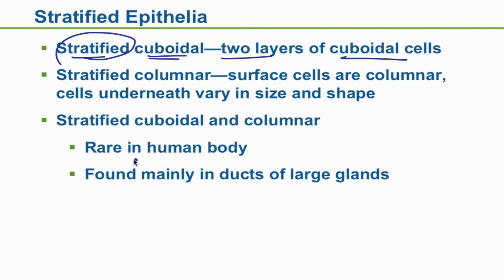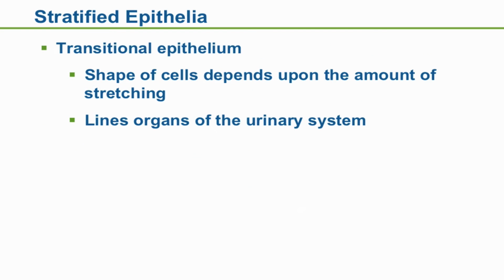Really, the reason we didn't put these in is they're rare in the human body. They're found in ducts of large glands. So you're not actually going to have to identify any stratified cuboidal because they're very rare. That's just a fun fact for you. Don't worry about it, it's not in your example section. You won't have to identify those, but just be aware that I wasn't just skipping one, it's very rare.